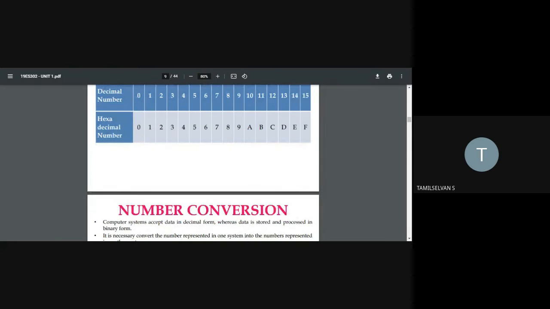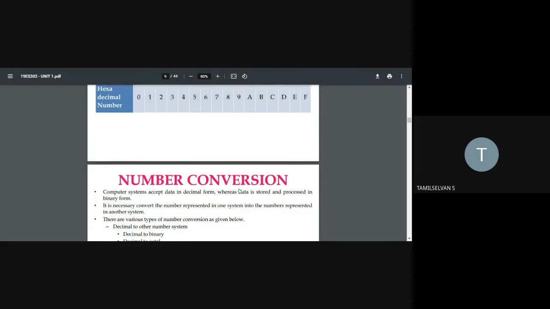So next I can move to the number conversion concept. Number conversion is basically done by the use of conversion methodologies. The computer system accepts the data in decimal form, whereas all the data is stored and processed in binary form in our computer.